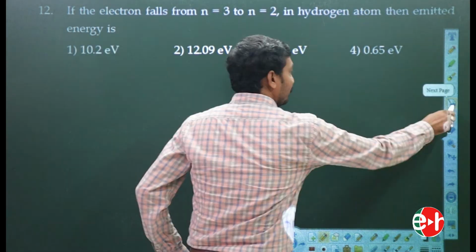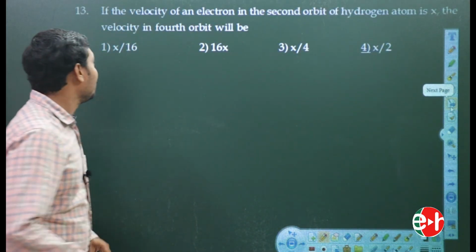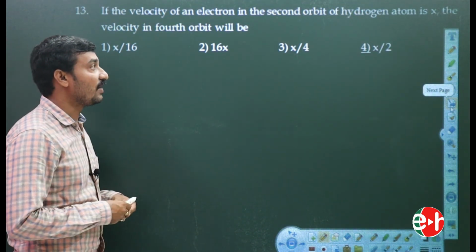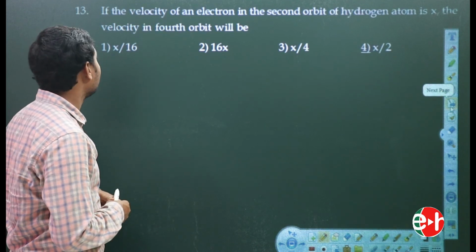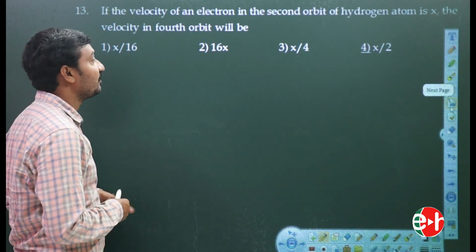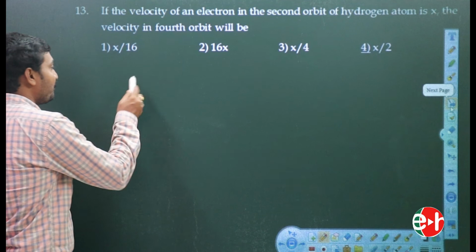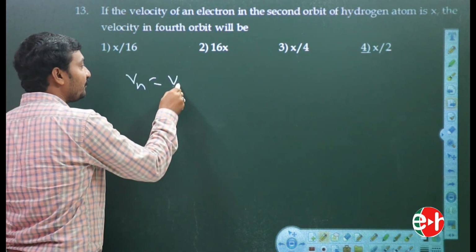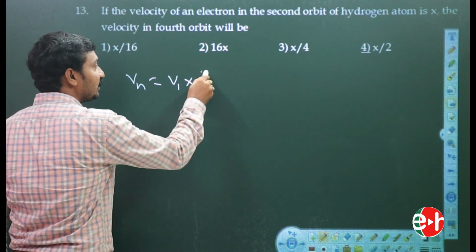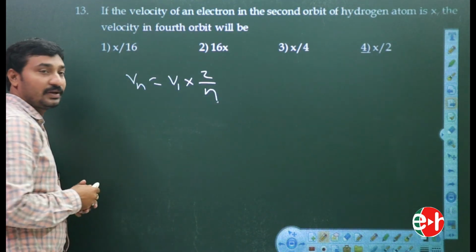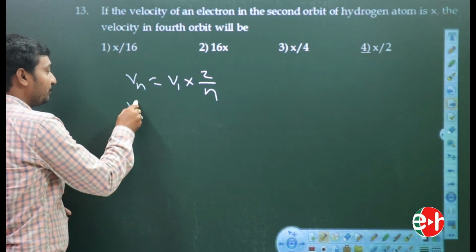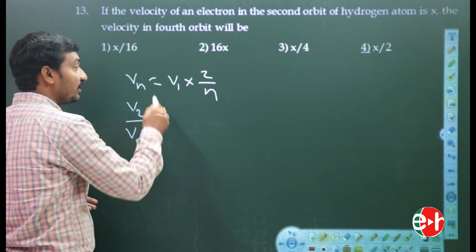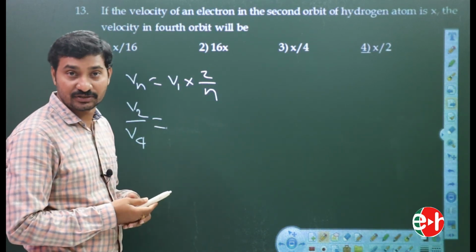Okay. Next one. If the velocity of an electron in the second orbit of hydrogen atom is x, the velocity of the fourth Bohr orbit will be? Okay, same, Vn is equal to V1 into Z by n. Take ratio V2 by V4. Whenever this type of question is given, you can take ratio simply.